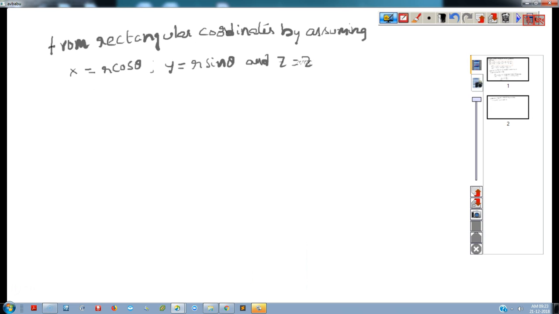Okay, so these are the equations we have derived and then concluded.